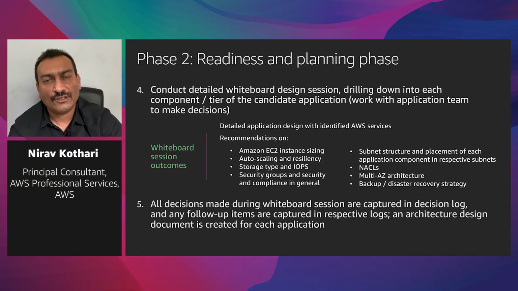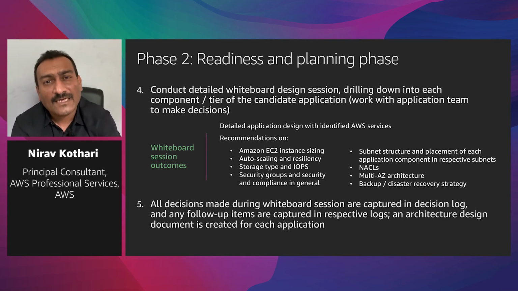Dive deeper into each component of the target state architecture, such as, am I going to use EC2 or am I going to go serverless? If I'm using EC2, what instance family am I going to use, depending upon whether the application has CPU, memory, or I/O contention? Once you identify that, am I going to use auto-scaling?